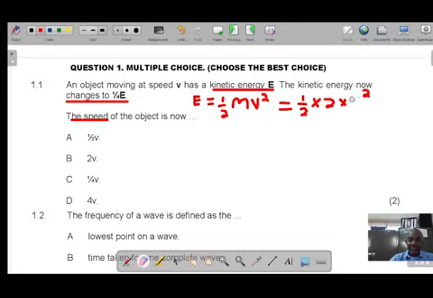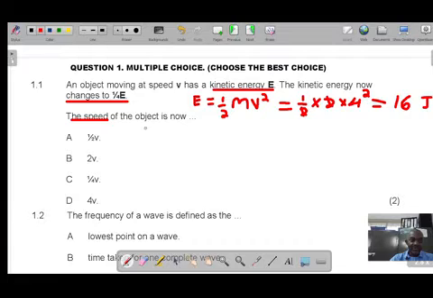So if this is 4, what energy do I get? A half times 2 gives me just 1. Then 1 times 4 squared gives me 16. So my initial EK is 16 joules.